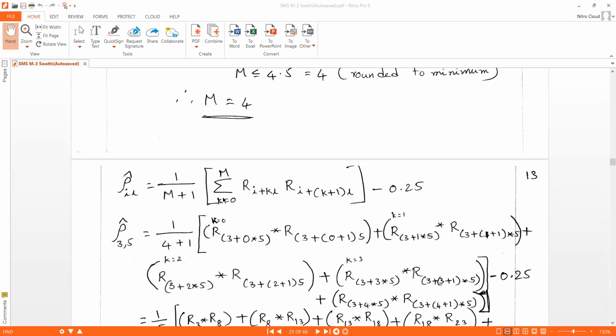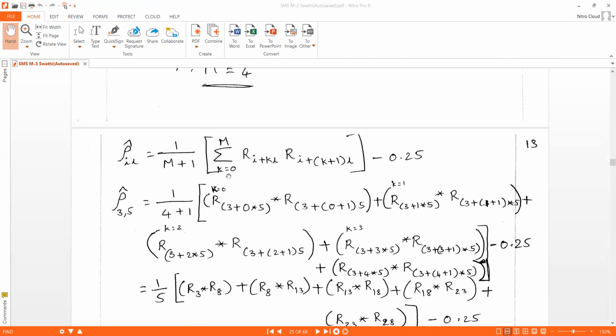When k equal to 0, what will this term be? Then increase k to 1, k equal to 2, k equal to 3 until the m value. M is 4, so we need to write terms from k equal to 0 to 4. How many terms will we get? 5 terms: k equal to 0, 1, 2, 3 and 4. Total 5 terms we will get if we expand this summation.